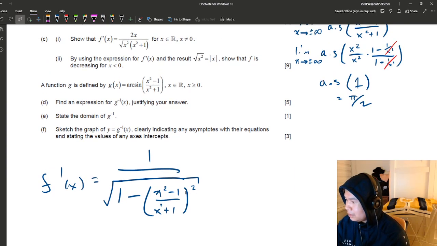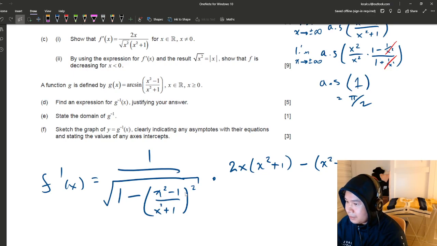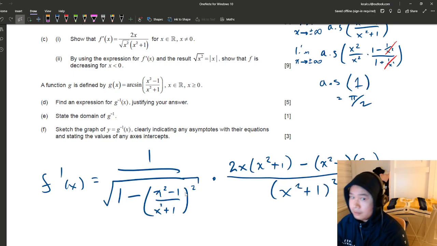And then we're going to multiply that by the derivative of the inner function, which is a quotient rule again. So that's 2x times x squared plus 1 minus x squared minus 1 times 2x, over x squared plus 1 squared.